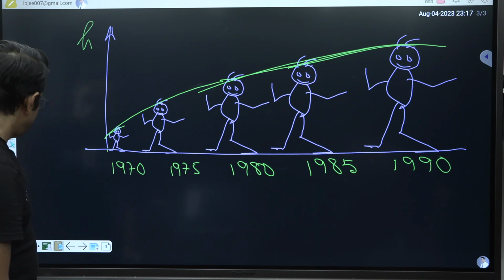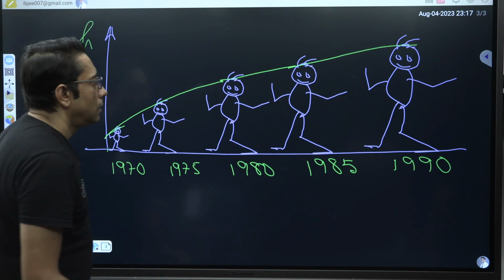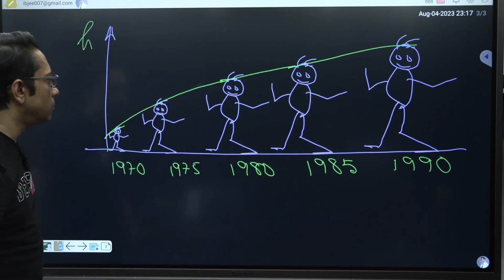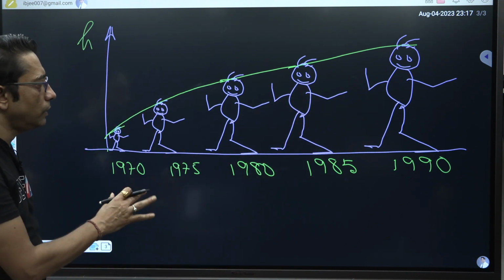Just like this, a rough drawing may not be like Pablo Picasso, but just like this. For physics, it is fine, enough.